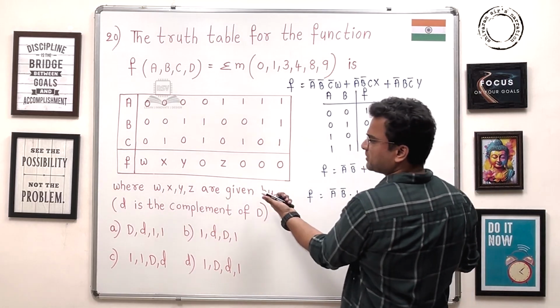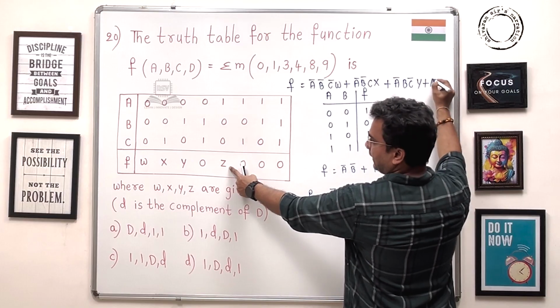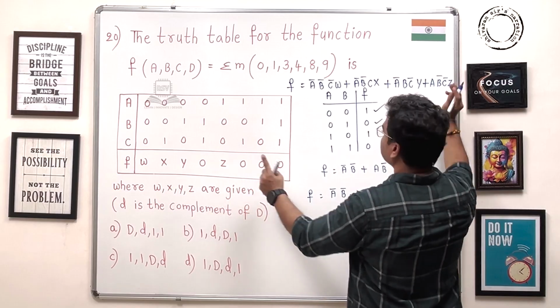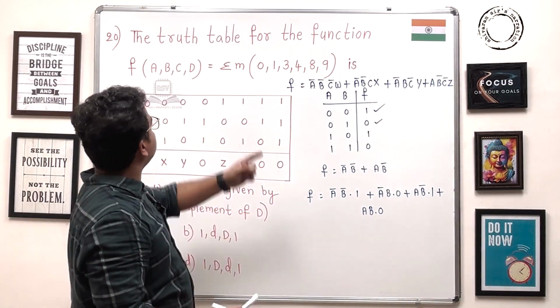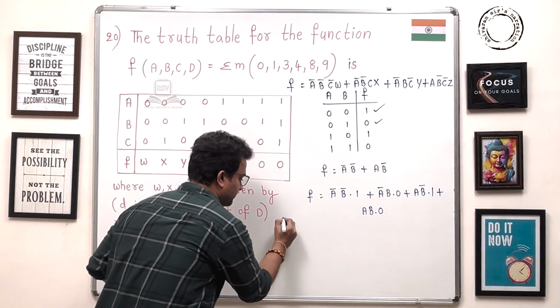Anyway, into 0 becomes 0 only, na? Then you take this one, that is a b bar c bar z. We got the expression. Now, as per the minterms, let's minimize the expression.